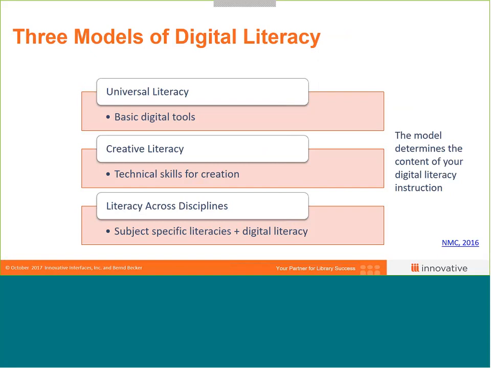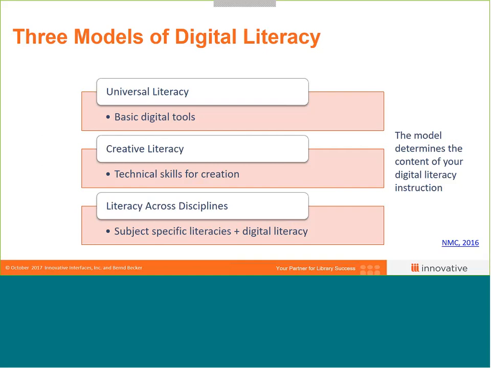And this approach supports the idea of the 3 models of digital literacy that I introduced to us last week by the New Media Consortium. I did cover this in greater detail, but let's quickly review this principle. The New Media Consortium proposes 3 models of digital literacy: universal digital literacy, creative digital literacy, and subject-specific digital literacy, which they also describe as digital literacy across disciplines.